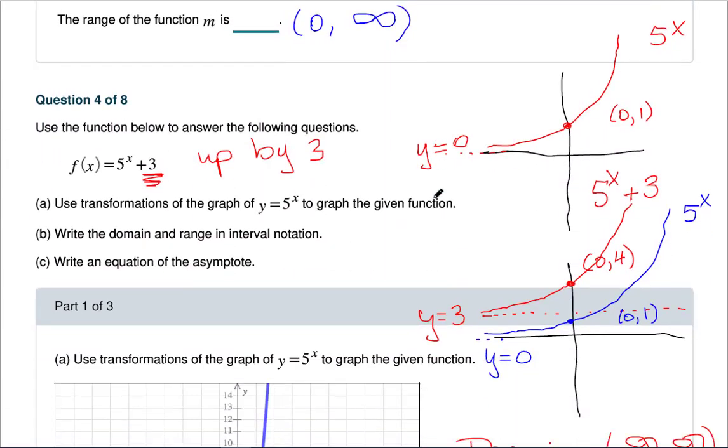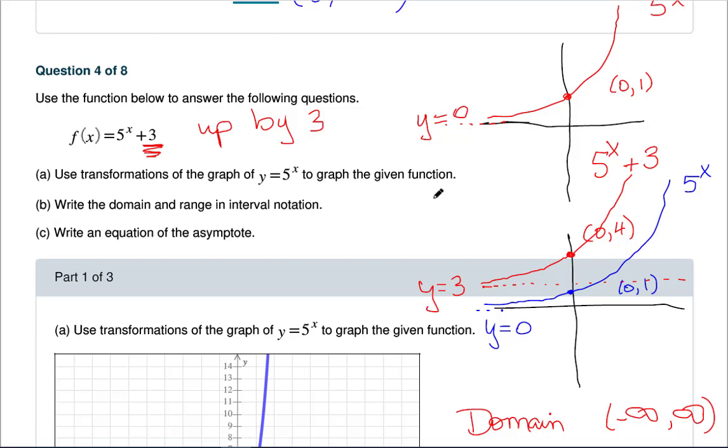Alright, in question 4 we begin to look at what happens when we shift something. So first off, we have 5 to the x. Basic shape for 5 to the x is this shape. But we have a +3 on the end, which moves the entire graph up by 3.